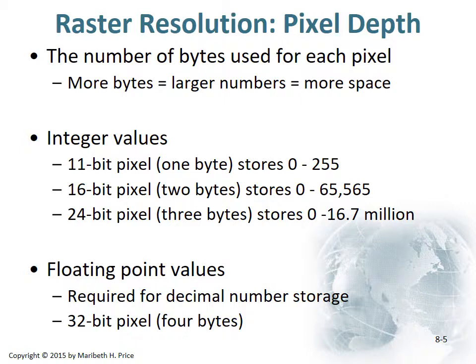Floating point values are much better for describing certain types of surfaces and measurements that we might make at the Earth's surface. Precipitation values, for example, usually aren't nice round integer values. There are typically fractions of values, decimal places, required for that.